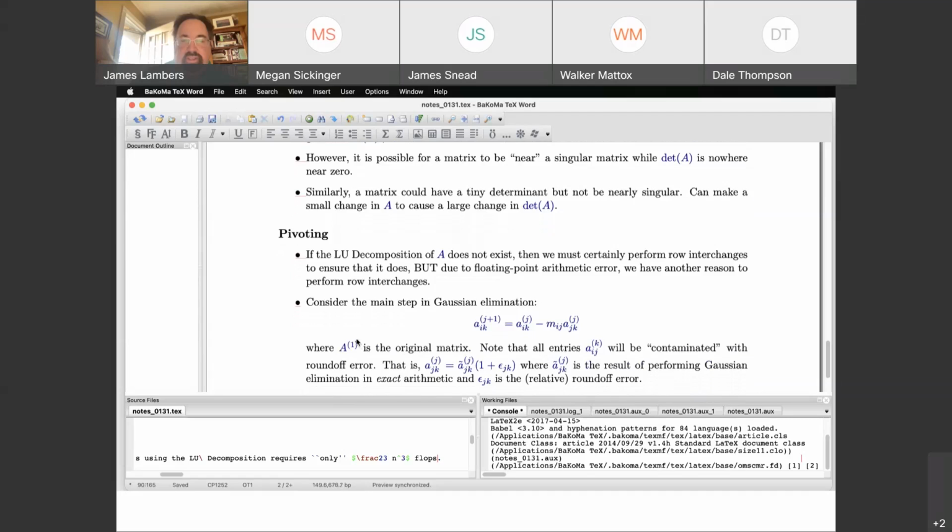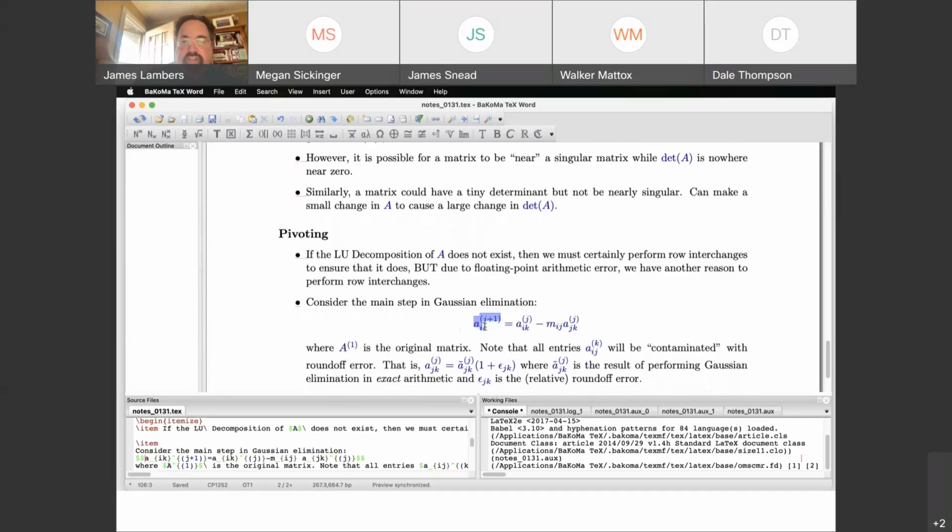If I call A1 the original matrix, and A2 the matrix you get after you've worked on the first column, and A3 what you get after working on the second column, and so forth, we have different versions of A that start from the original and go all the way to where it's reduced to upper triangular form. So this is version j of a matrix, this is version j plus 1. This is the update, where we're working on column j to eliminate its subdiagonal entries.